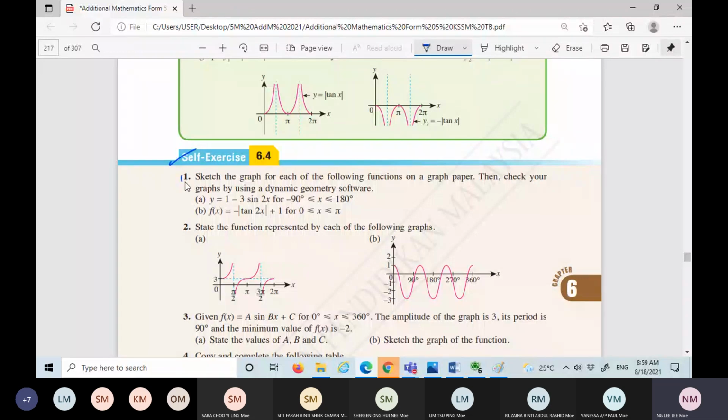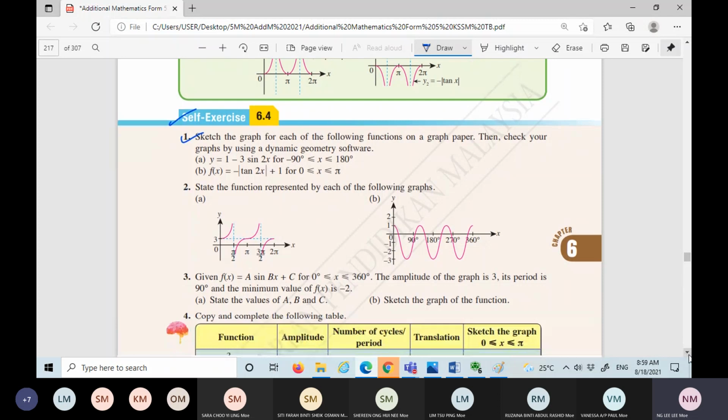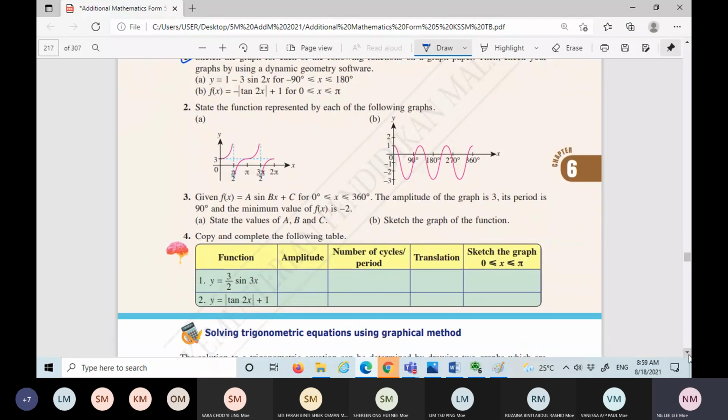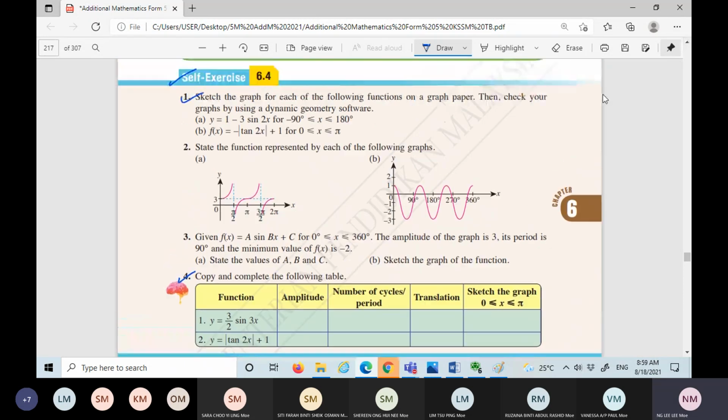You only do number 1, and then you can do number 4, so that you have a sine and a tangent graph, though you have no cos graph here. Never mind. So you can do number 1 and number 4 for today.